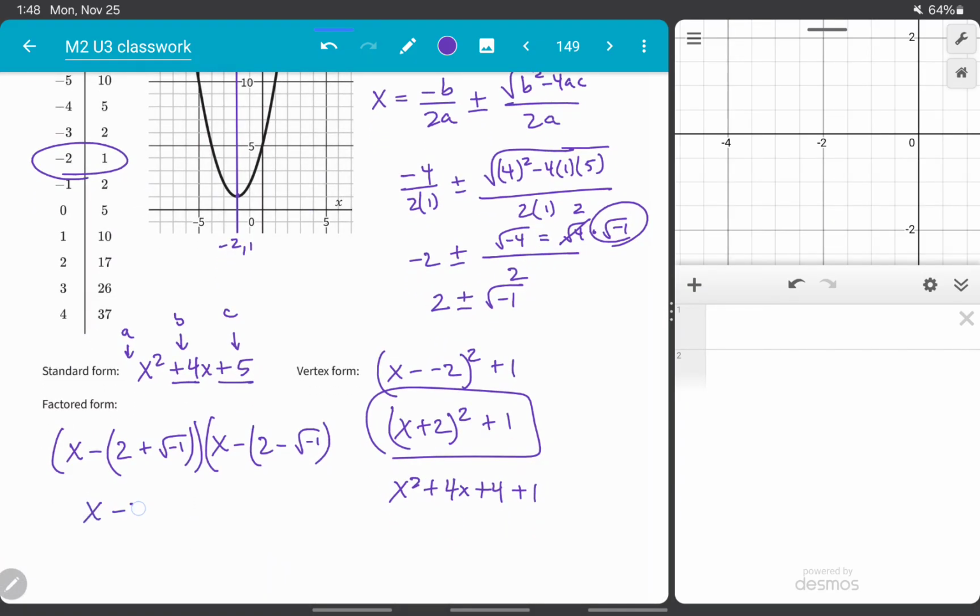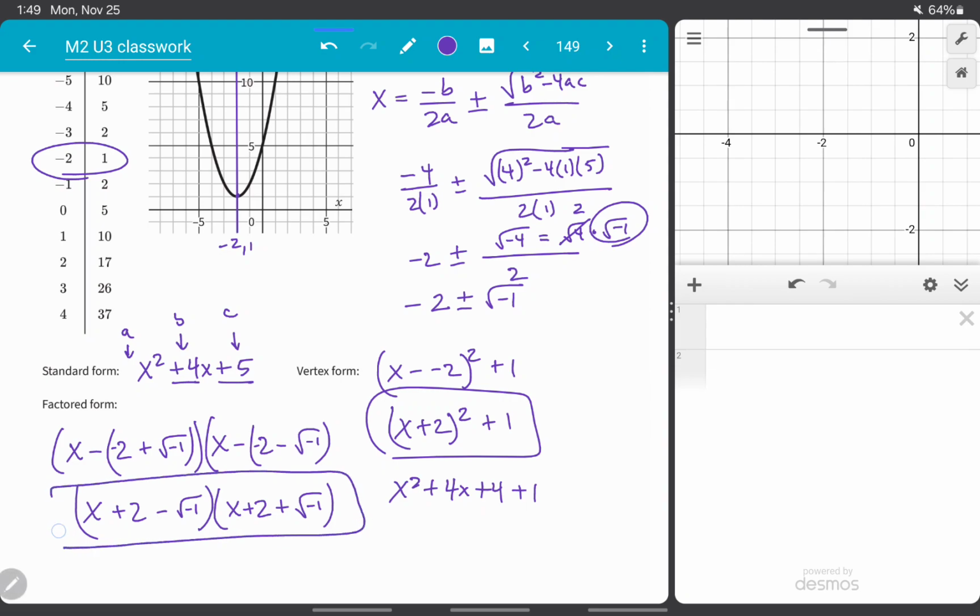So it's going to be x plus 2 minus square root of -1, then x plus 2 plus square root of -1. And let's make sure we remember our negative sign there. And if that's a negative sign there and there, these are going to be plus signs. So that's going to get us our factored form, and then here was our standard form.